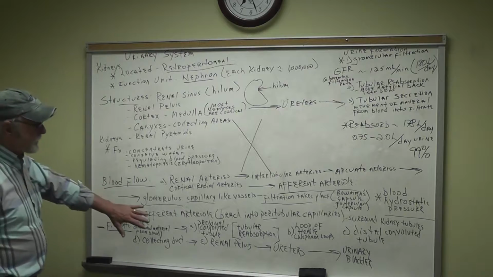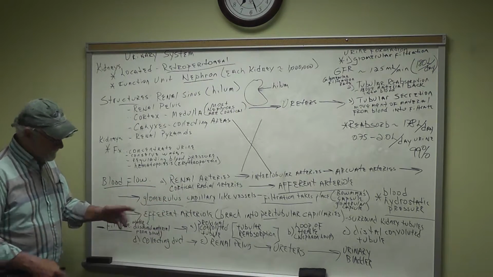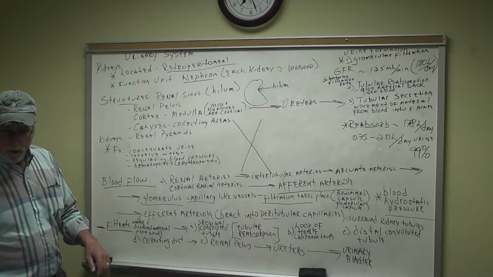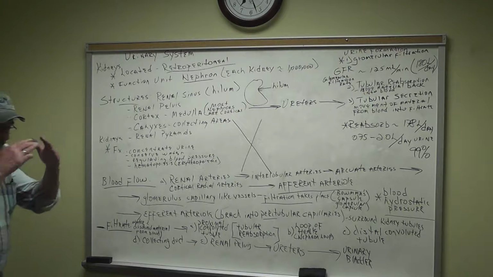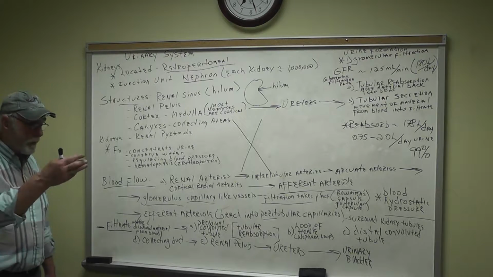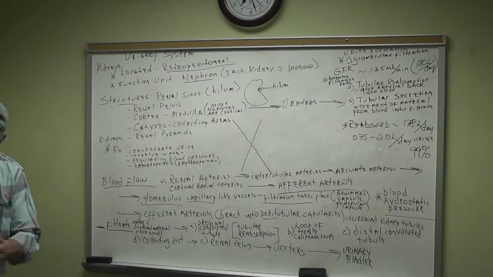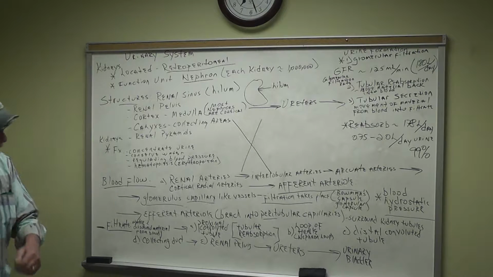Now, it's obviously not as simple as that. There's a countercurrent mechanism that occurs with the loop of Henle, or the nephron loop, and it specifically spells out when and what materials will be reabsorbed back into the blood and what materials will end up back in the filtrate.